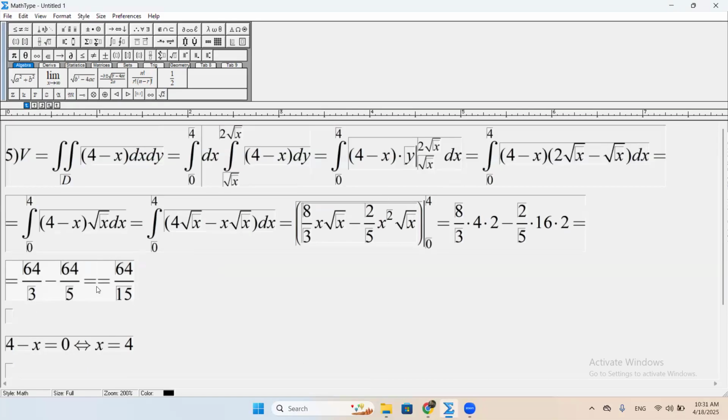Oh, so let's see, 128 over 15. So, that's it. Any questions about this exercise? Okay, no questions. So moving to the next task.